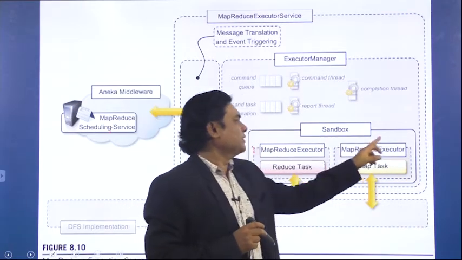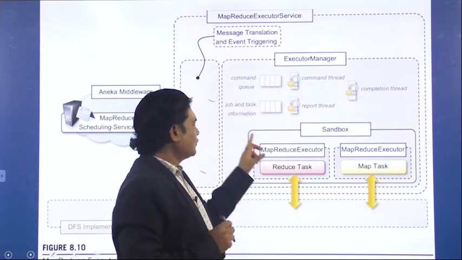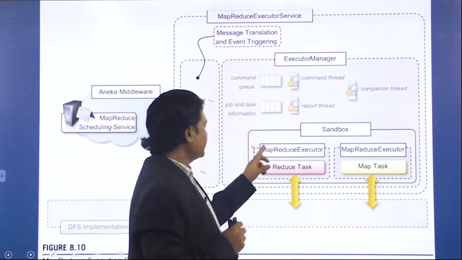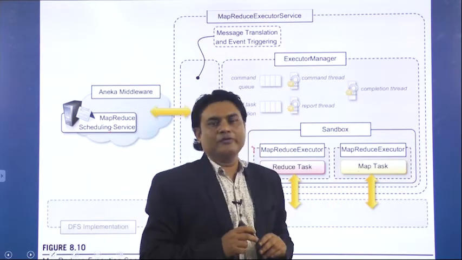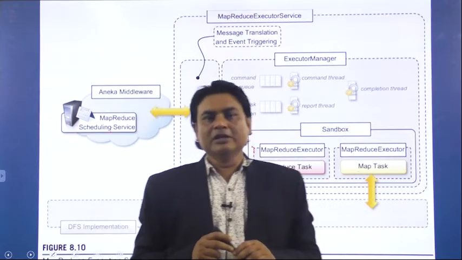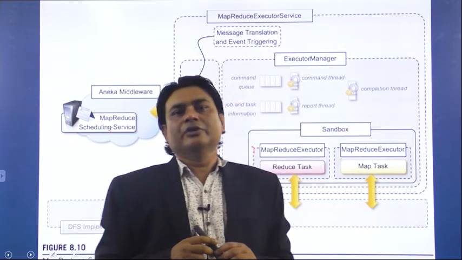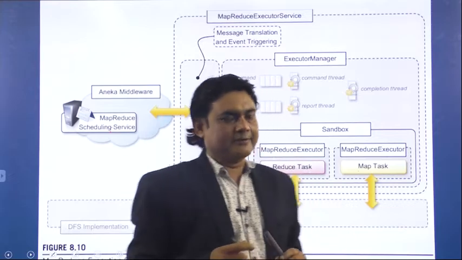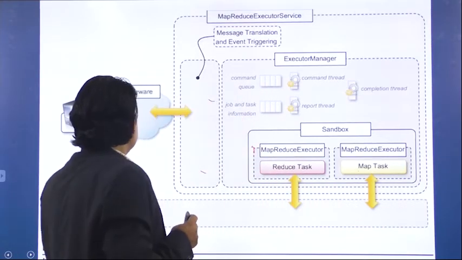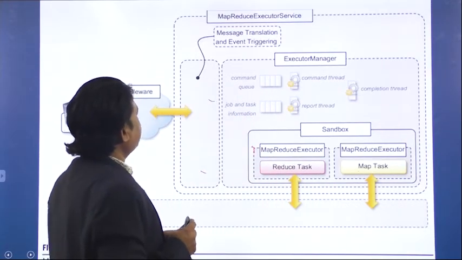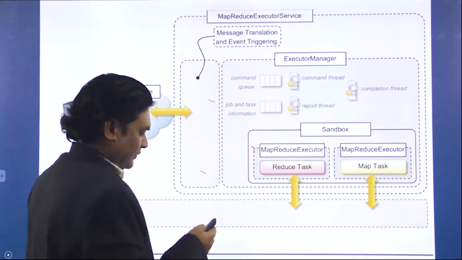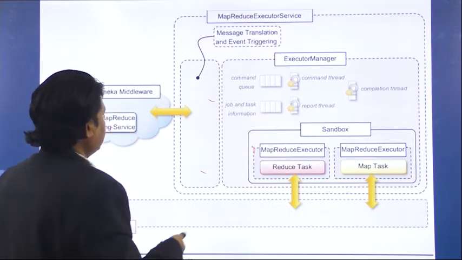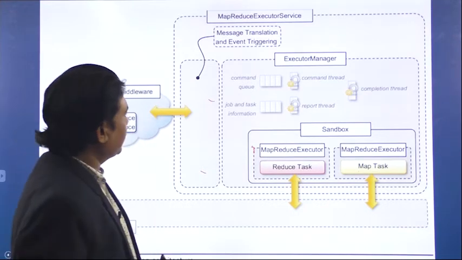The slave nodes maintain two important executions: one for the mapper task, and a second for the reducer task. In the last class we already discussed with an example how the mapper and reducer tasks take place. This kind of service is called the MapReduce executor service.